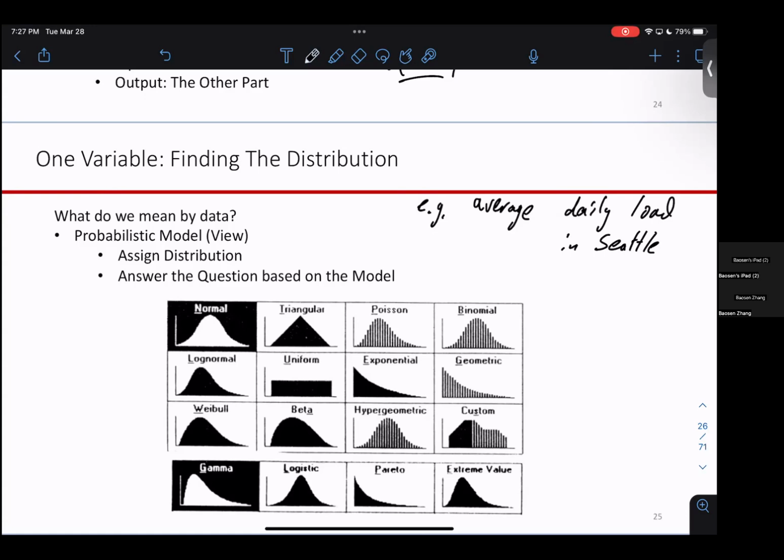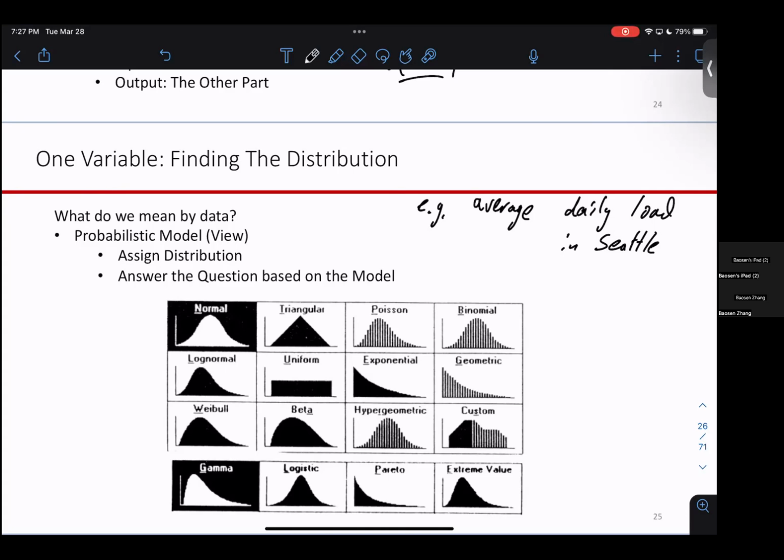The way you do this is, of course, you get the load, you plot the histogram, and you just look at it. If you do statistics, you spend a lot of time thinking about these kinds of distributions. For us, mostly you just plot it and see what it is, because it's always a good idea to plot your data.